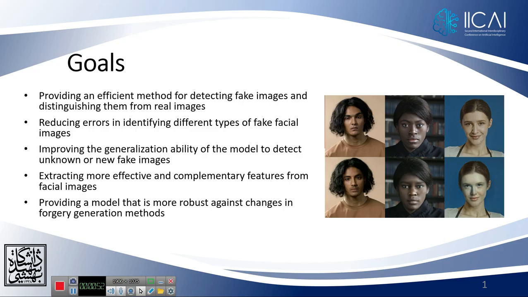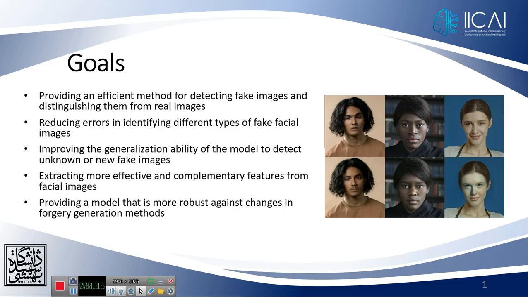Reducing errors in identifying different types of fake facial images. Not all forges look the same. And the third one, which is the most important, is improving the generalization ability of the model to detect unknown or new fake images. We want to solve this problem.